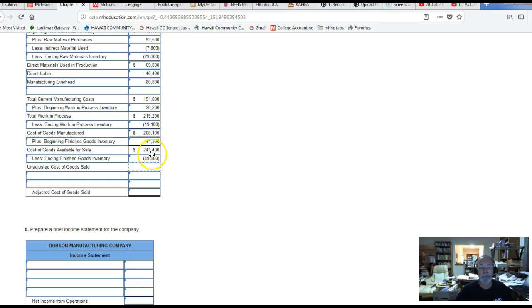Then we add our beginning, subtract, and add our cost of goods available for sale, which is the total of our cost of goods manufactured plus our beginning inventory and finished goods. That's the total of our jobs that we could have sold. And then we subtract out the amount of our jobs that we didn't sell, and that would give us the amount of the cost of our jobs that we did sell.